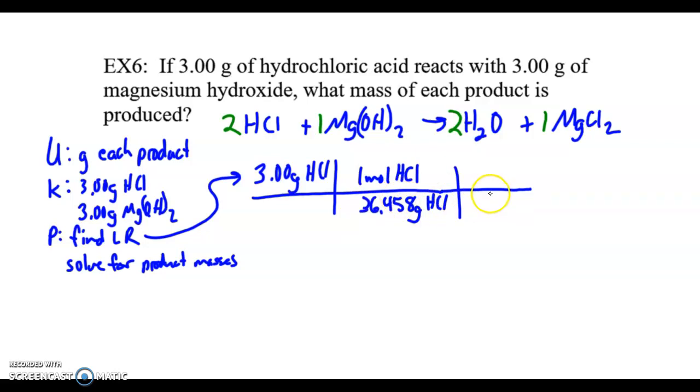There's 36.458 grams of hydrochloric acid in 1 mole of hydrochloric acid. Then we're going to do the mole ratio from the balanced chemical equation. So there's 2 moles of HCl for every 1 mole of magnesium hydroxide from the chemical reaction.